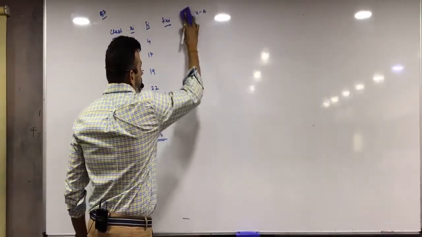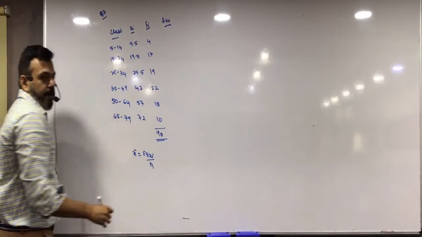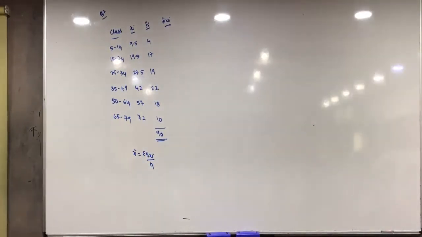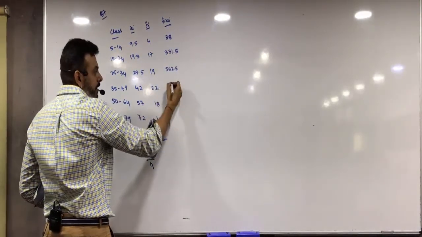Here, first you do this method. fi xi. X bar is equal to sigma fi xi upon N. That will be easier with calculators. 38, 331.5, 42 into 22.